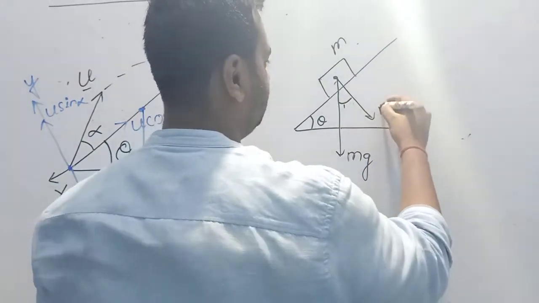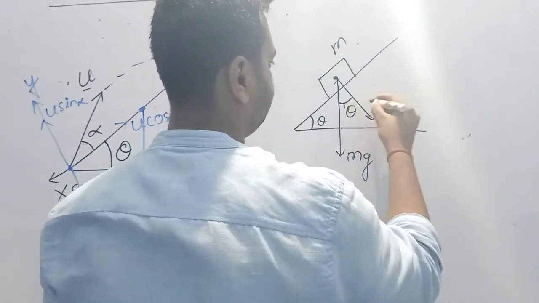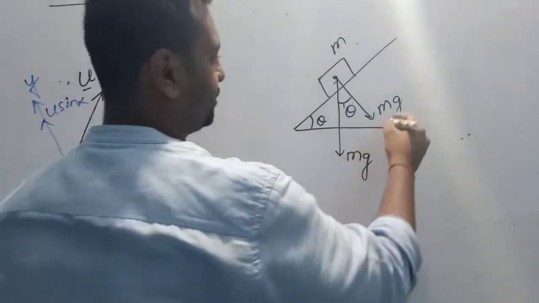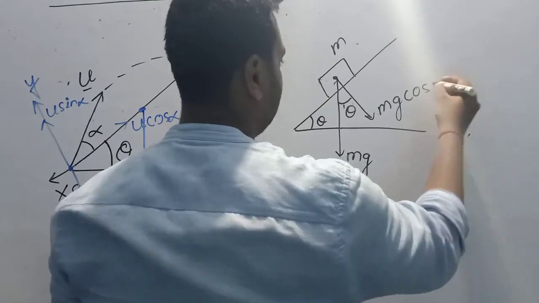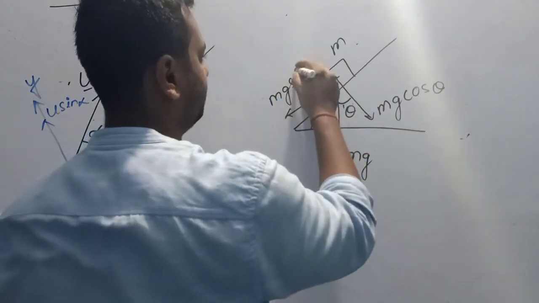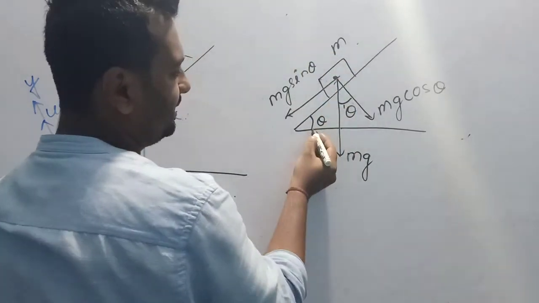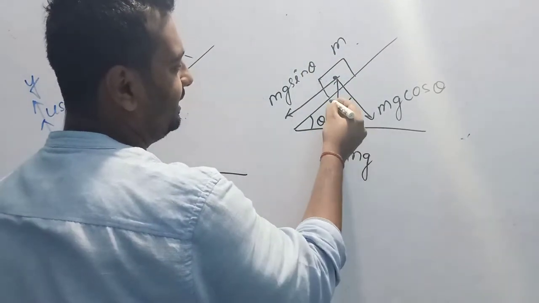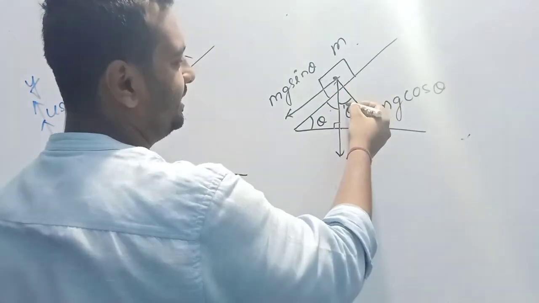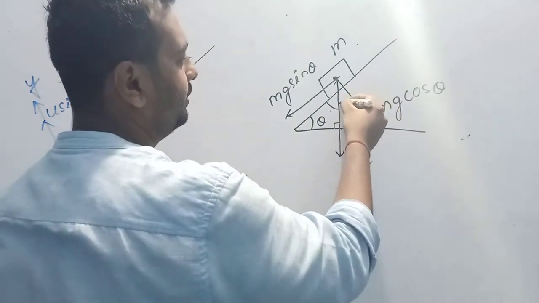One is mg cos theta, a concept we have discussed earlier, and the x component will be mg sin theta. Because if this is angle theta, this will be 90 degrees, and this angle will be 90 minus theta, and this complete angle is 90 degrees, so this angle will be theta.